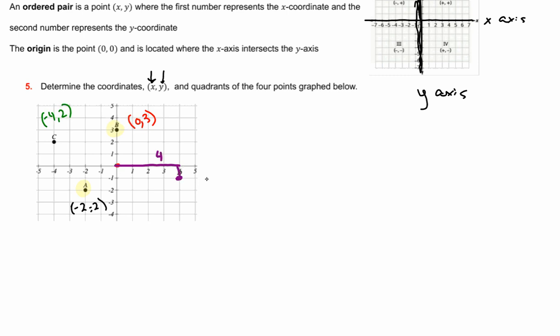And remember, when we go down, that's a negative. So my ordered pair is 4, negative 1. Remember, the first number is always the left and right. The second number is always the up and down. Positive numbers are to the right or up, and negative numbers are down or to the left.